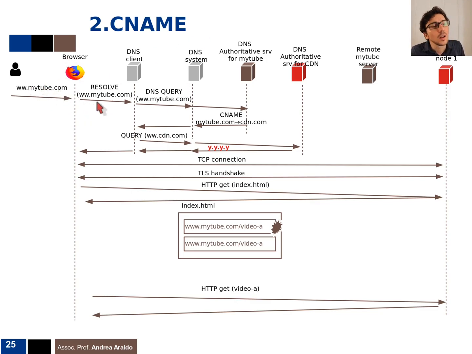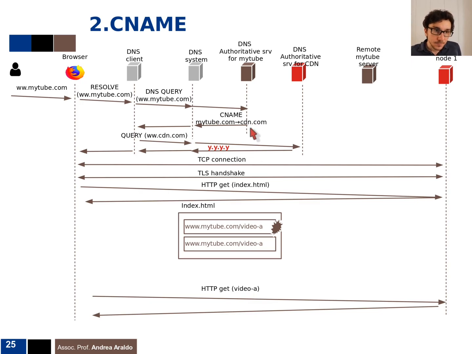As usual, the browser first tries to resolve mytube.com, and as usual this DNS query goes to the authoritative server of MyTube. This time MyTube doesn't reply directly with an IP address, but replies with an alias. Actually, it is saying that if you are searching for mytube.com, go and search cdn.com instead. So in other words, cdn.com is equivalent to mytube.com.